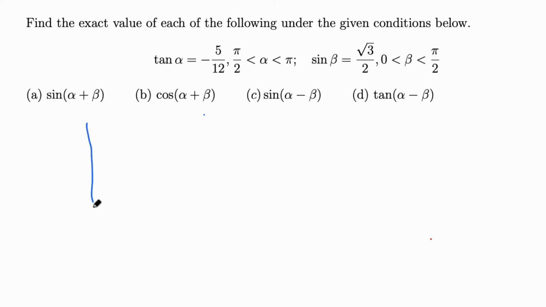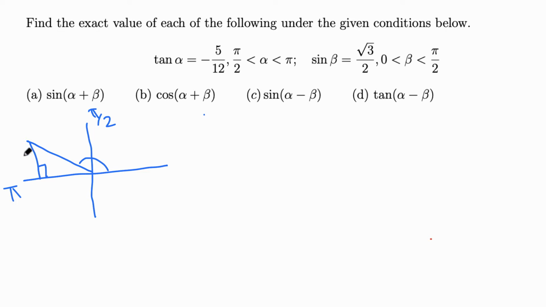It does not have to be exact. This is pi/2 and this is pi. We know that tangent is opposite over adjacent, and negative. When we go to the left, it's negative. So alpha is somewhere like this.